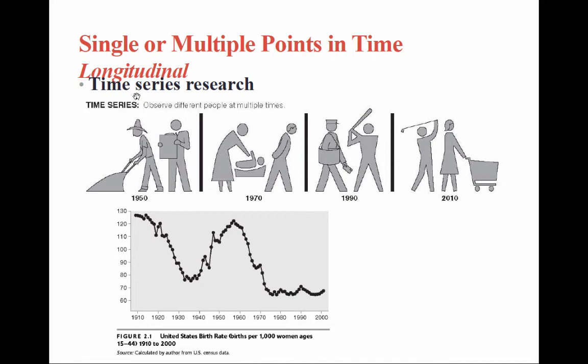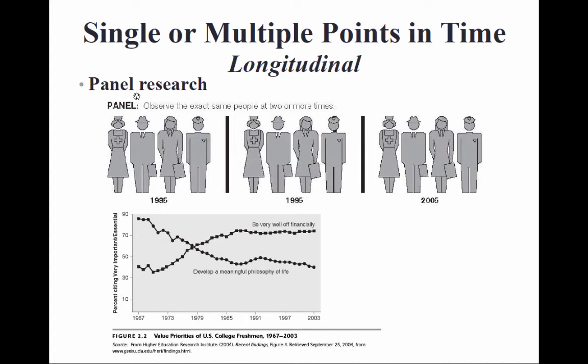And then in 2010, it's a woman with a grocery cart and a guy who's going to do something with a golf club. I don't know what he's going to do. All different individuals, with lots of different circumstances that exist across lots of different time periods. But we're looking at one constant. We're looking at the birth rate across those different time periods.